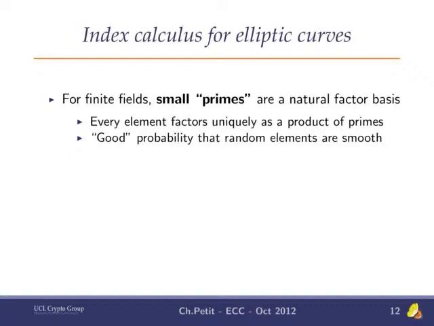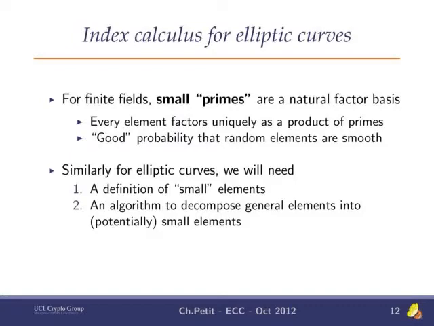So every element factors uniquely as a product of the small primes, and there is a reasonable probability that random elements are going to be smooth. So for elliptic curves, we will also need something similar. So we'll need a definition of small elements, and we'll need an algorithm to decompose general elements into, let's say, potentially small elements.